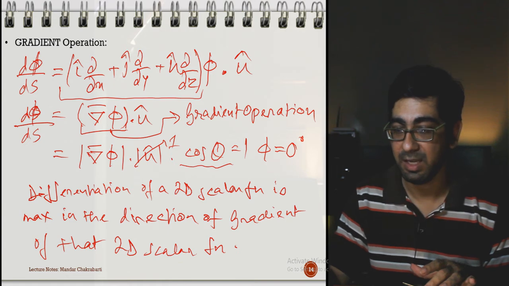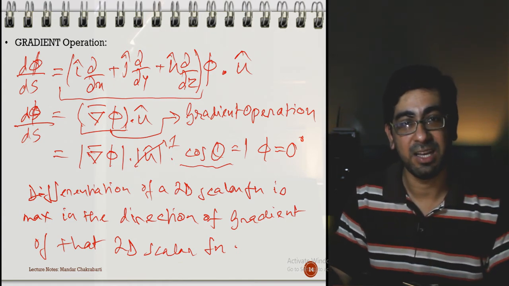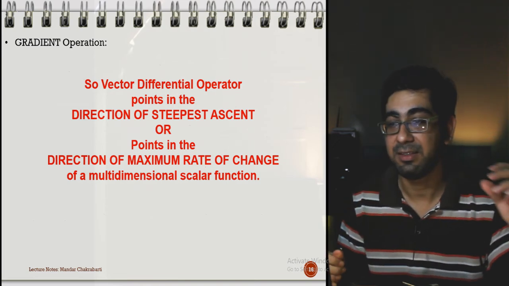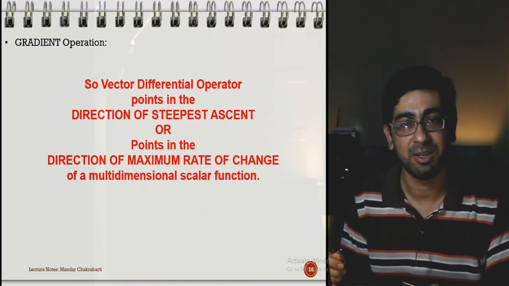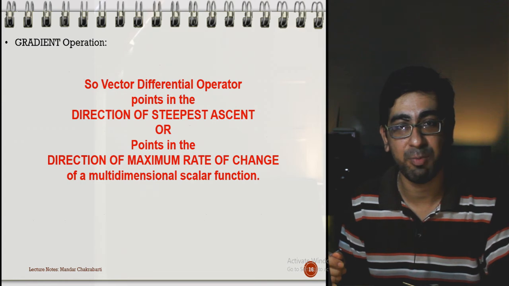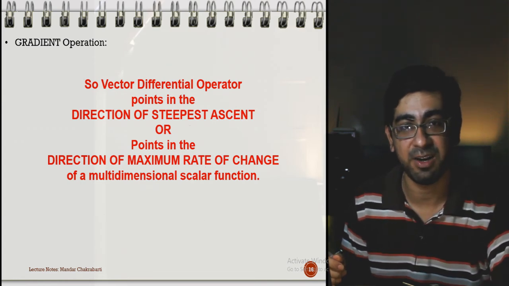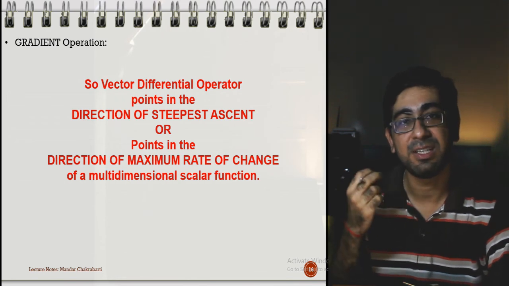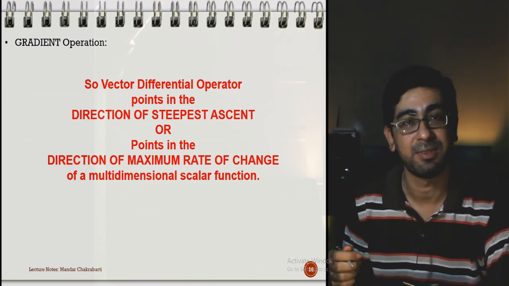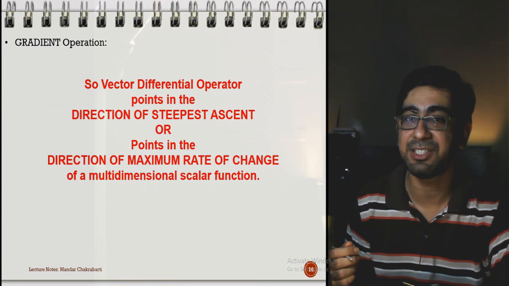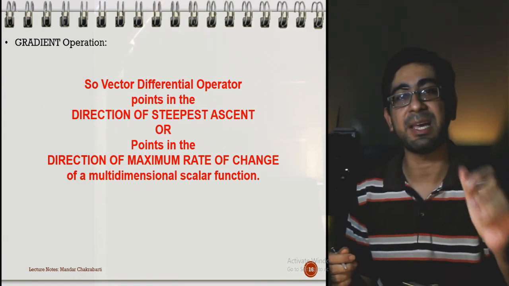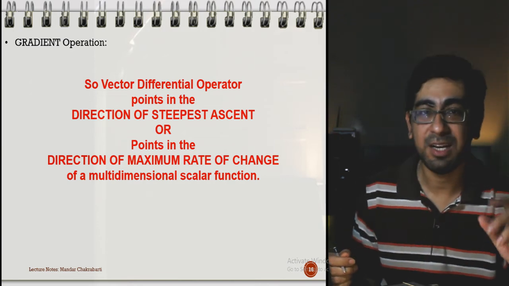Alright. Conversely, I can also say that a gradient function, or the vector differential operator applied on scalar functions, points in the direction of steepest ascent, or it points in the direction of maximum rate of change of a multidimensional scalar function.